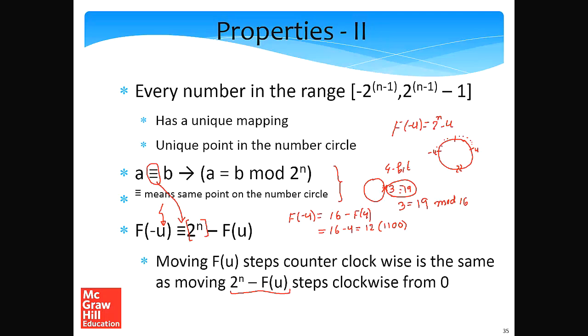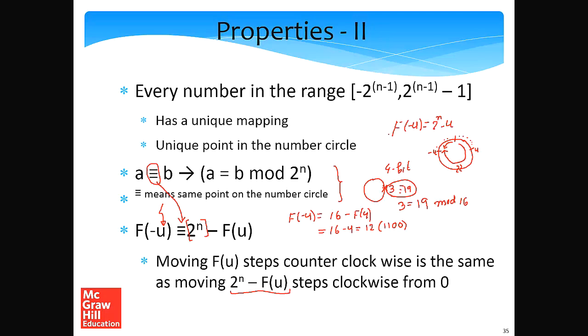So f of minus u we can get by essentially starting at 0 and walking 2 to the power n minus u steps in a clockwise direction, which will bring us exactly over here. Because if you walk 2 to the power n steps, we'll again come back at the origin, and at this point we'll exactly reach 2 to the power n minus u, which is exactly the same as walking minus u steps in the counterclockwise direction.